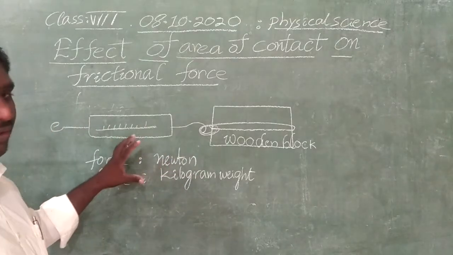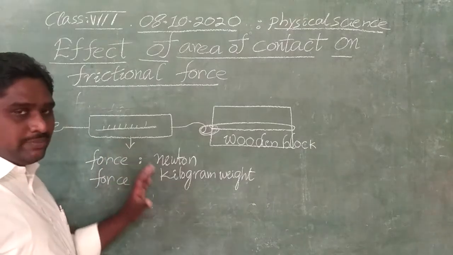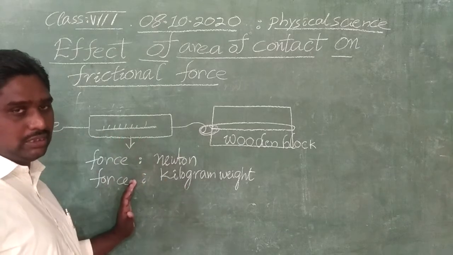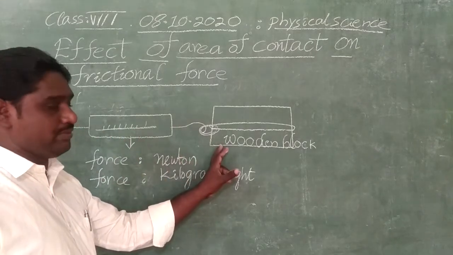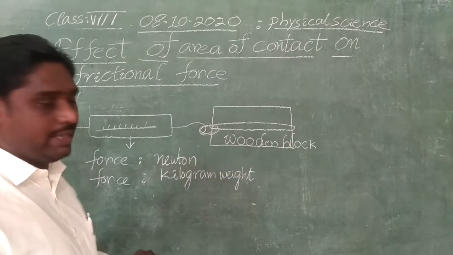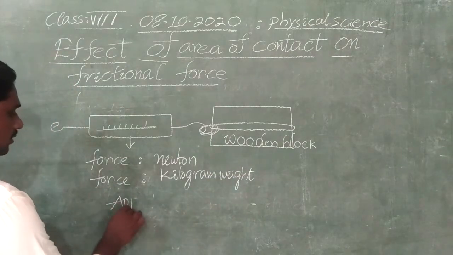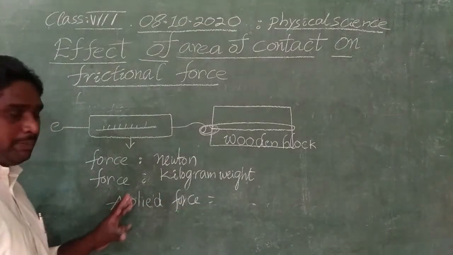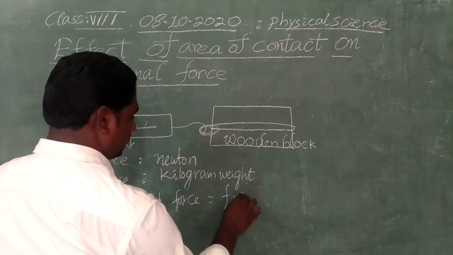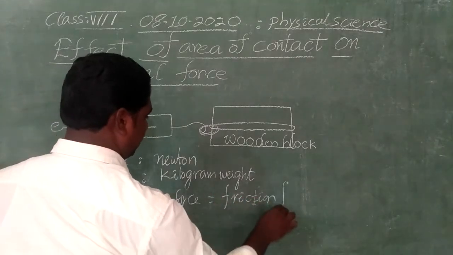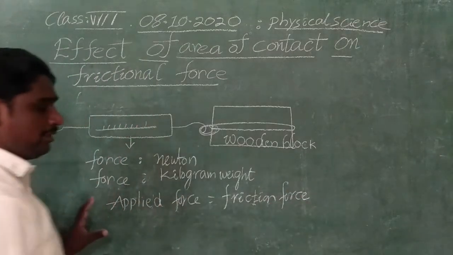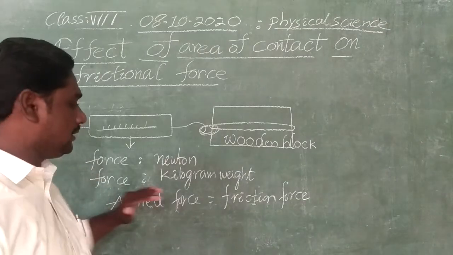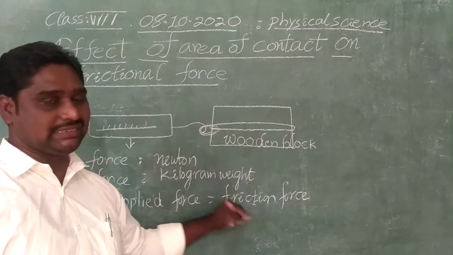Your applied force is equal to the limiting friction force when the block just begins to move. The applied force is equal to the maximum limit of the friction force, just when it begins to start moving. So both forces are equal, applied force and frictional force.